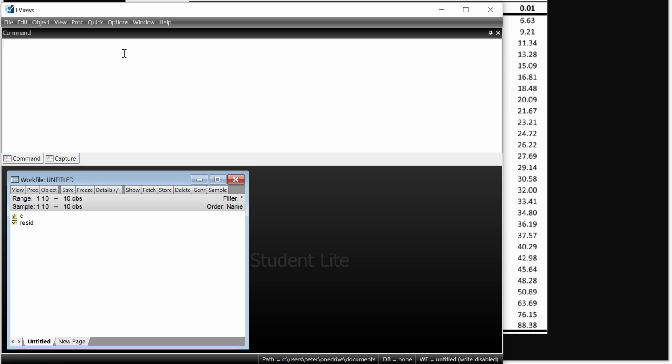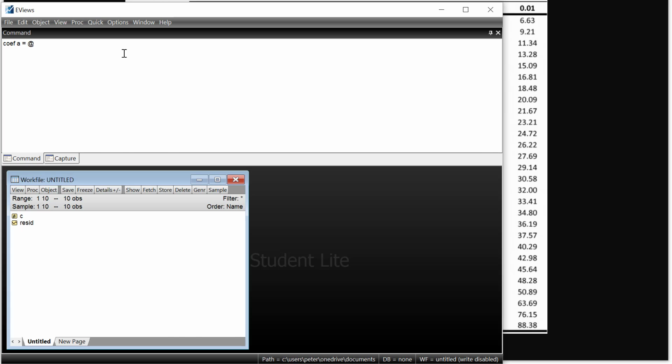Or you could use EViews by simply typing in the command window. The first thing you'll do is type coef, just creating a coefficient, and call it something. Just call it A, it doesn't make any difference. And then you do the @ sign, which is EViews' way of saying that we're calling a function.